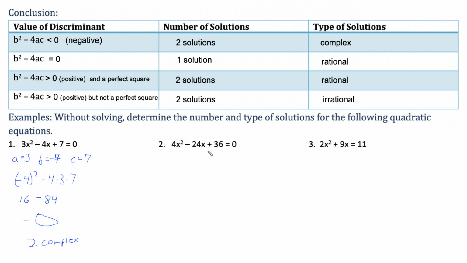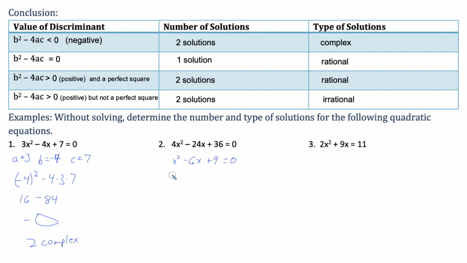Next one, it is in the correct form, quadratic, linear, constant. In this case, we could actually simplify this a little bit because it's equal to 0. We could divide everything by 4. We're not trying to solve, we're just trying to figure out the types of solutions. So divide everything by 4, we'll have smaller numbers to work with.